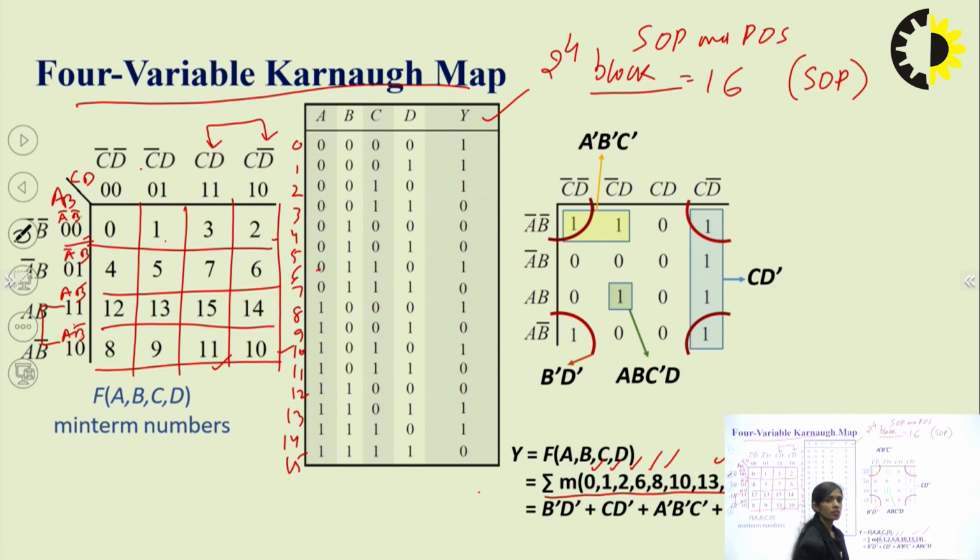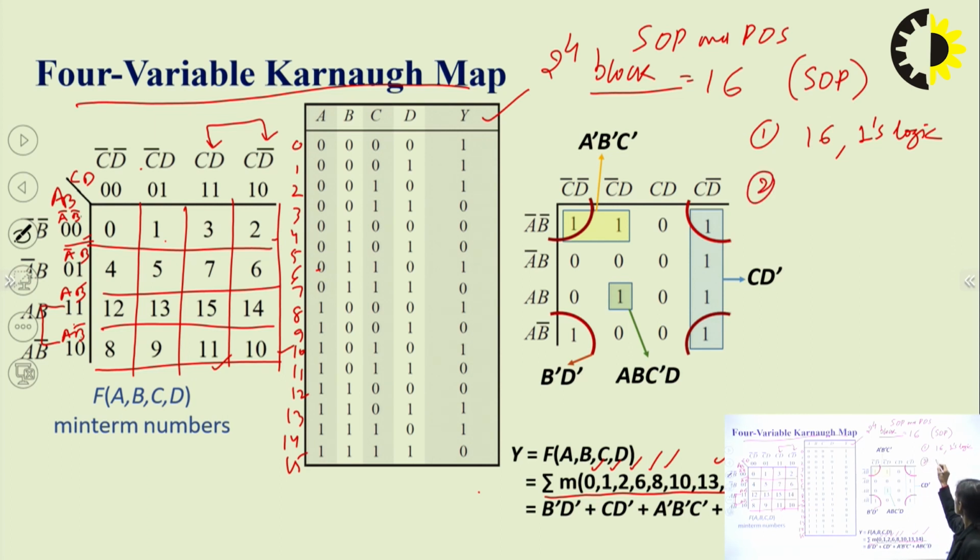So first we are going to form the different groups. First we are going to form the maximum number of groups. So maximum we have 16 blocks. So we can form the 16 ones logic group. So we didn't have any 16 ones logic group.